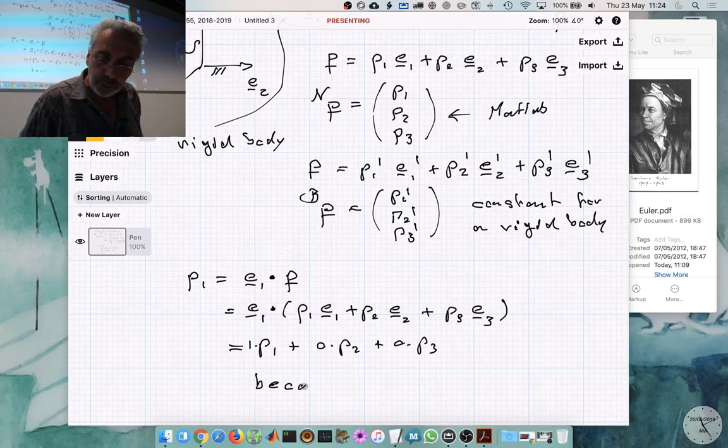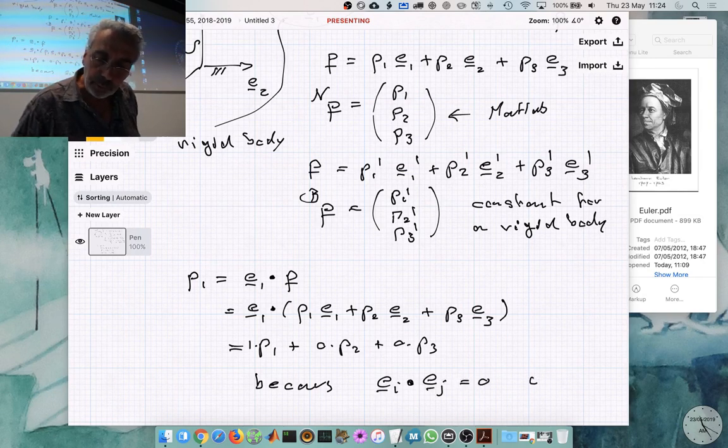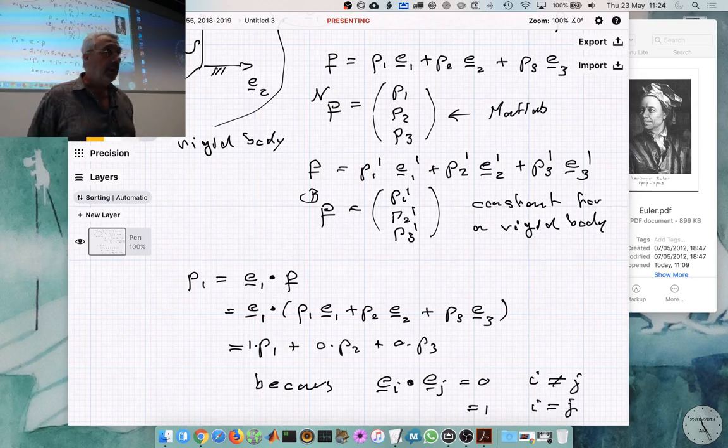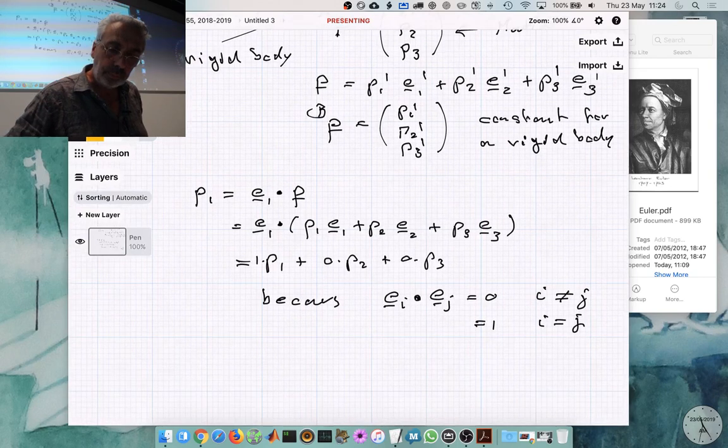Because, of course, we have Ei dot product Ej is 0 if i is not equal to j, and is 1 if i is equal to j. And in math they always say they are orthogonal, but I would say they are orthonormal.